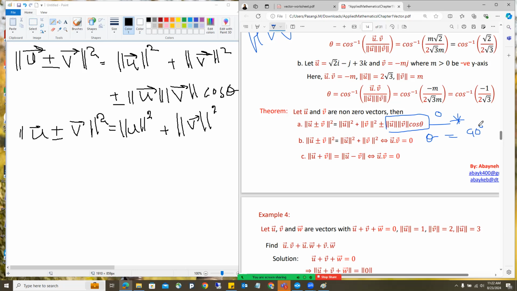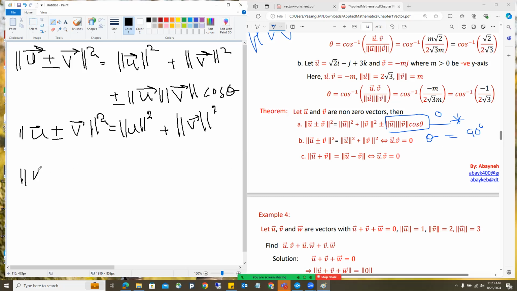And then the third one, again we have vector u plus vector v. The modulus of this one equals the modulus of this one. How do these two become equal?